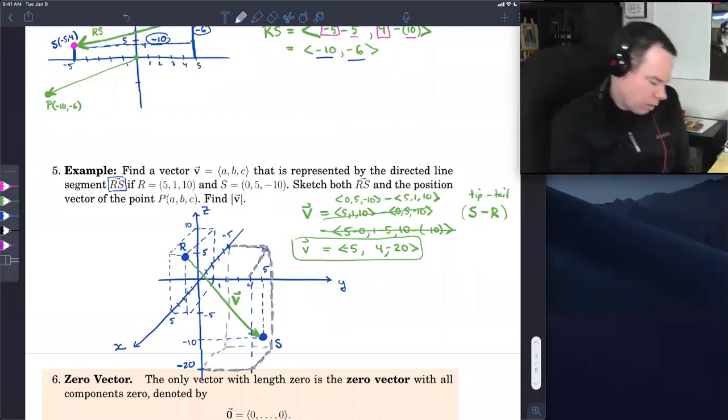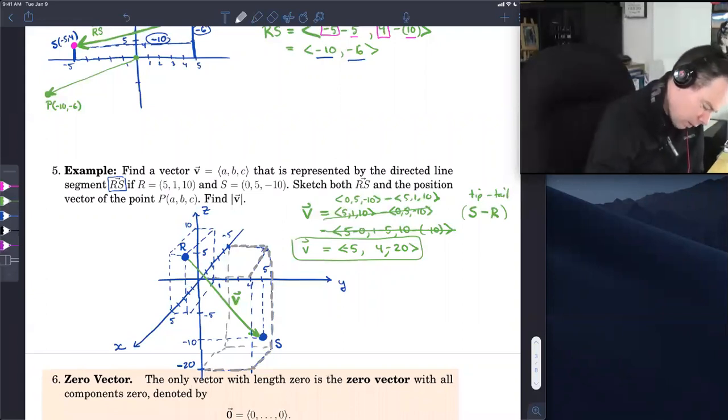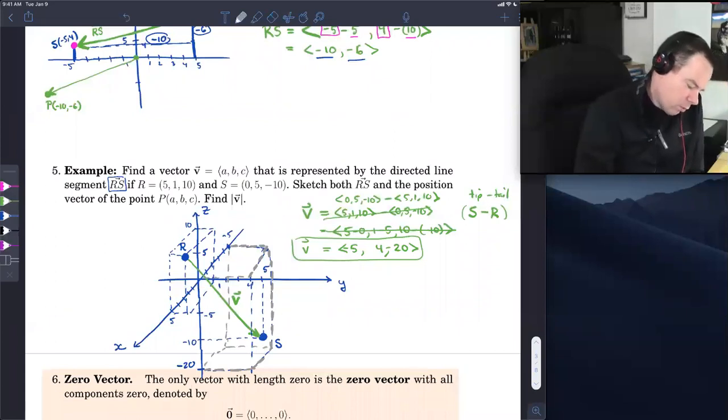Okay, so there's our rectangular box, and the vector, let me get the right one drawn here. The vector is going to go from the origin to -5, 4, and -20.